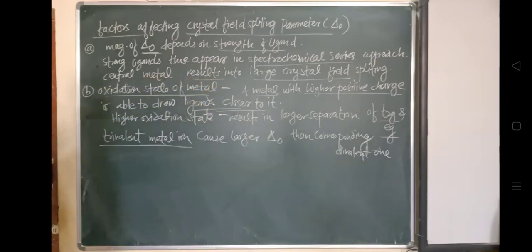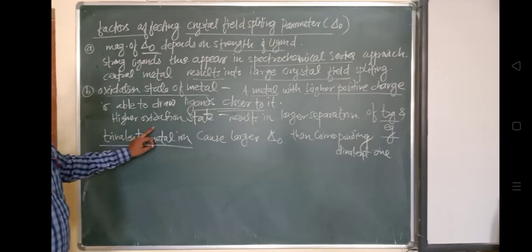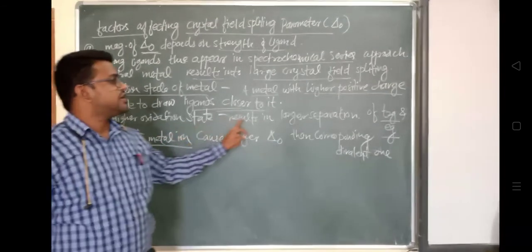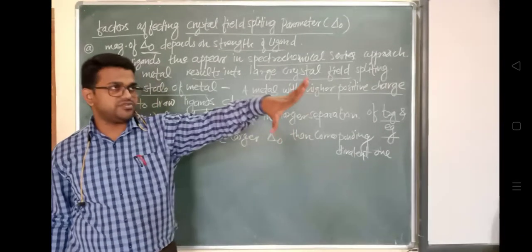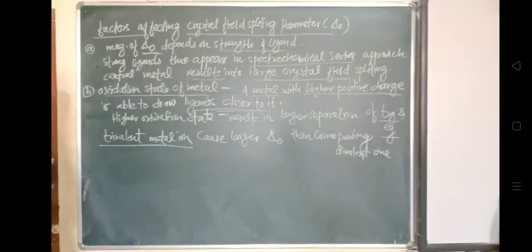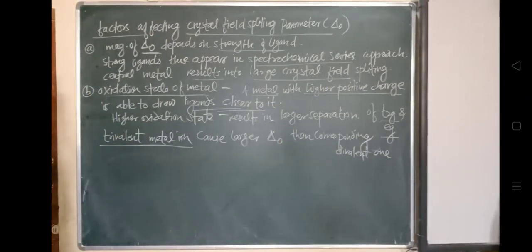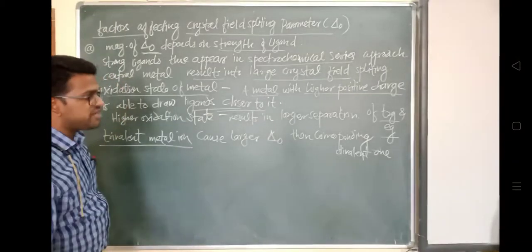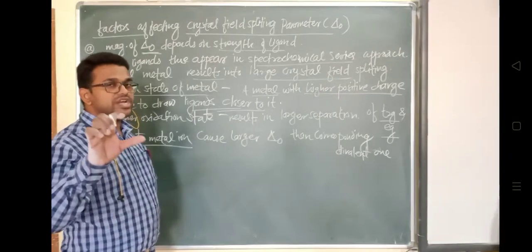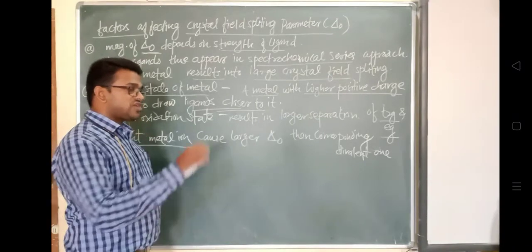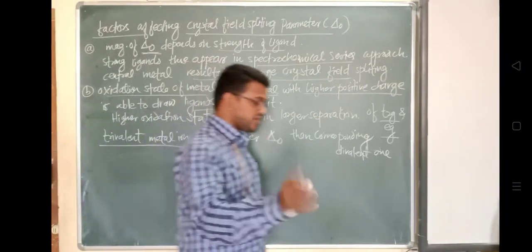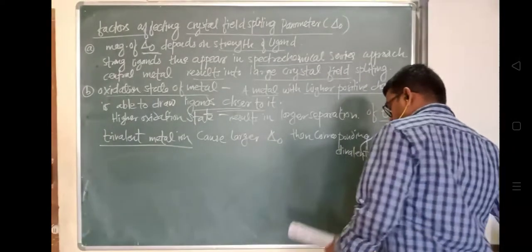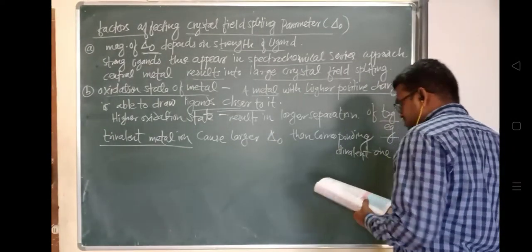And if the oxidation state of the metal is higher, it results in larger separation and the difference between them will be higher. So a trivalent metal ion has a larger delta naught, the splitting parameter, compared with the divalent one, where the energy difference will be lower, because delta naught is a difference. So this is about the factors affecting crystal field splitting parameters.